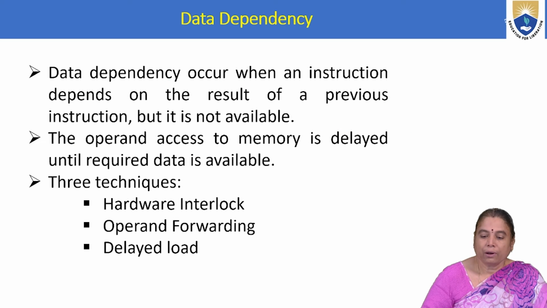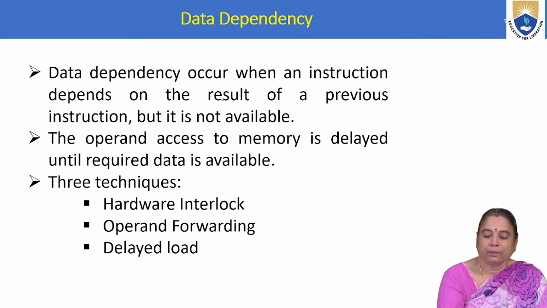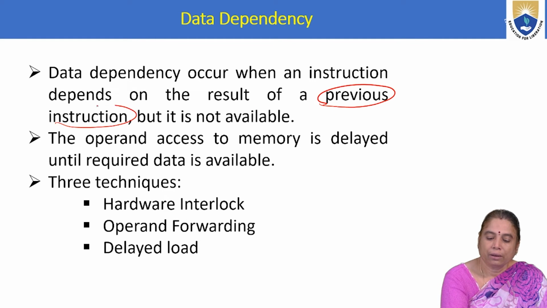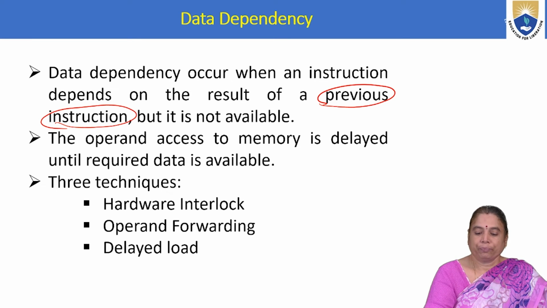The next type of conflict is data dependency conflict. Data dependency can occur when an instruction depends on the result of the previous instruction, but the result is not available.